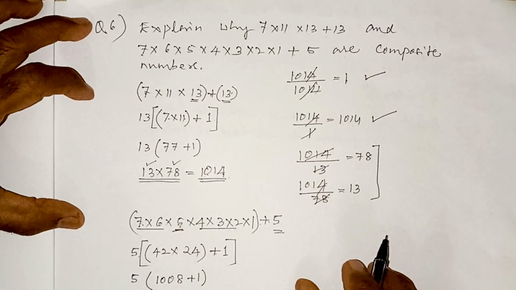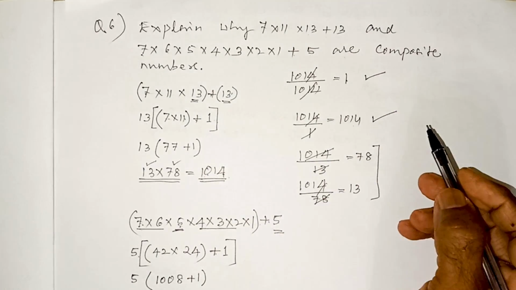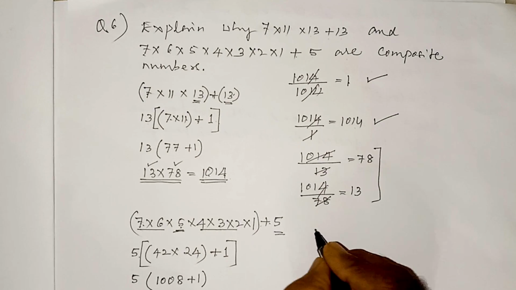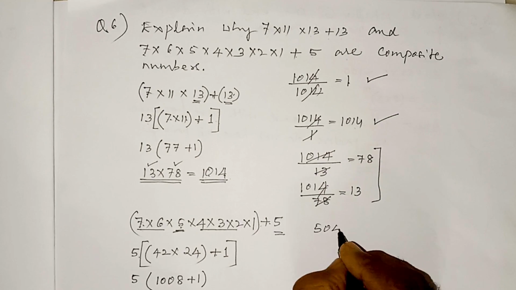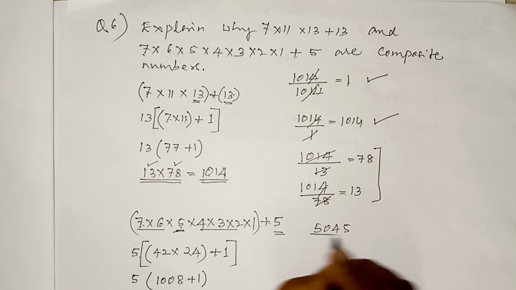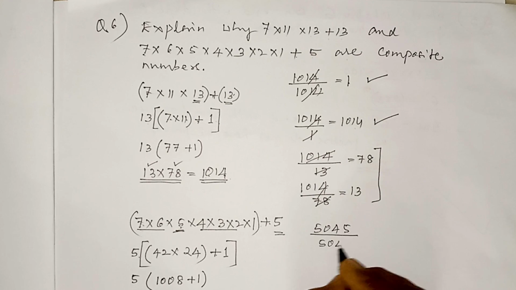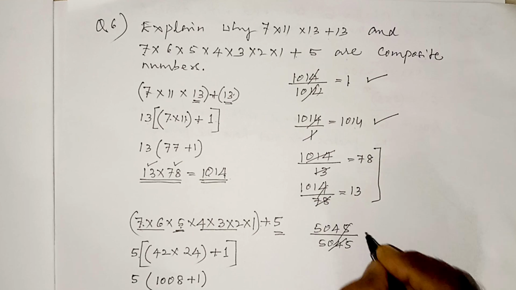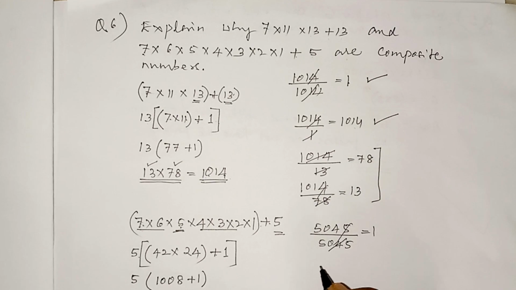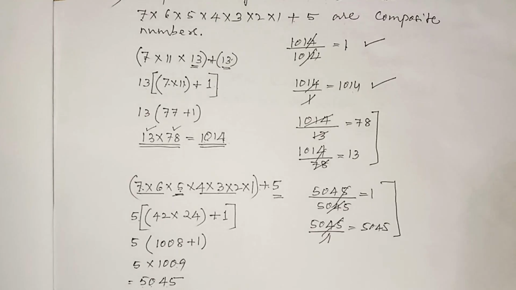Now let us try whether this is a composite number or not. 5045 can be divided by the same number once, and the same number can be divided by 1. You get 5045 as the answer. So these two are already there. Further, if you have any other divisor, you need to find out.